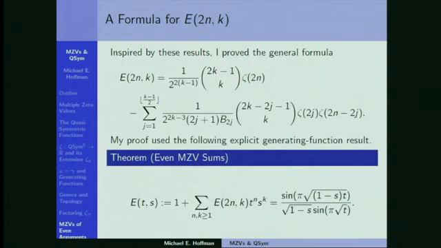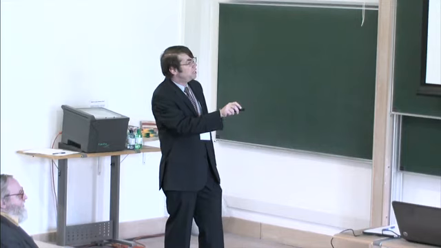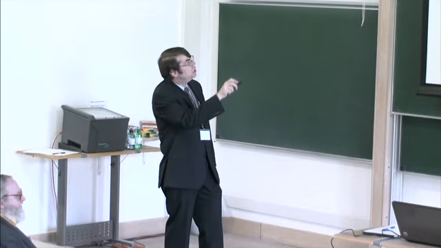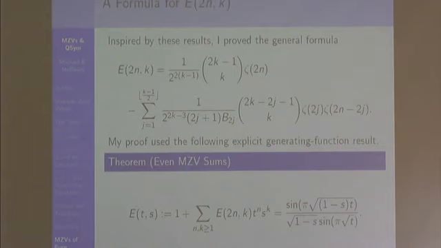So it is a certain amount of work to get from this generating function to here. I'm not going to talk about that. I'm just going to talk about how you can get this generating function, because again, it's very, very nice. It kind of fits in with what I've talked about before.